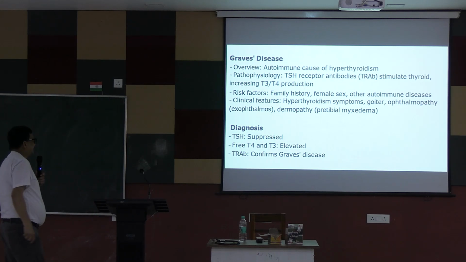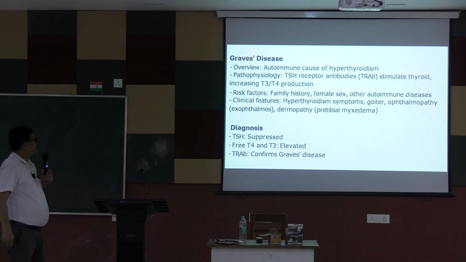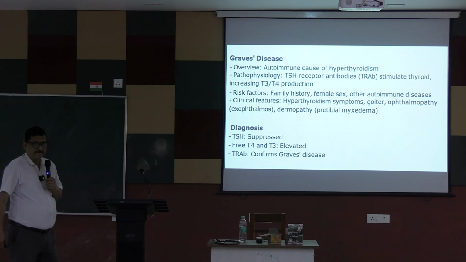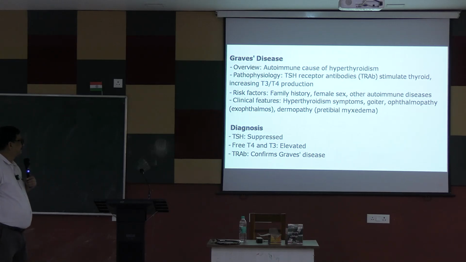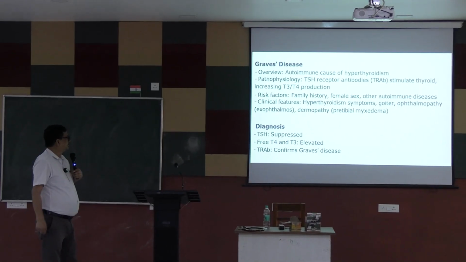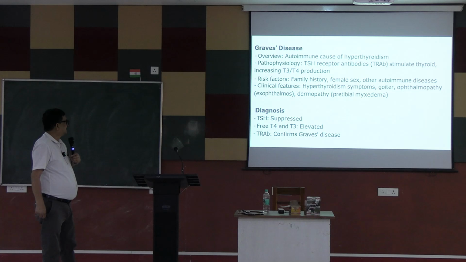Pathophysiology, there is TSH receptor antibody which stimulates the thyroid and leads to increased production of T4 and thereby T3. Risk factors are family history, the female sex hormone, other autoimmune diseases.